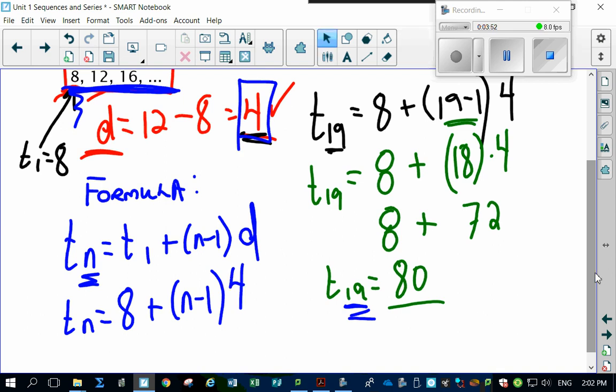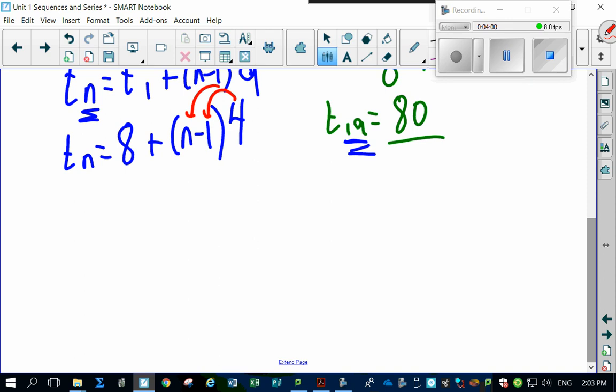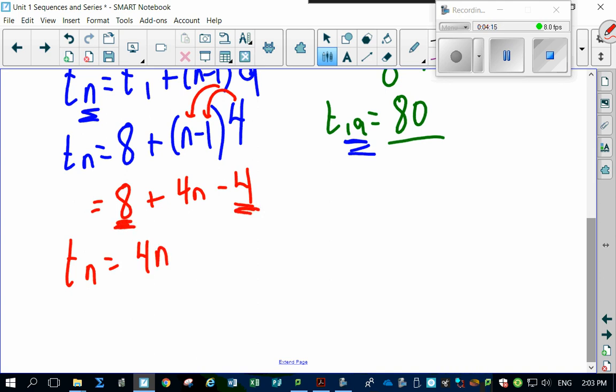Okay, let's do a little bit of distributive property here, and you're going to see that we have, in fact, 8 plus 4n minus 4. Now we can combine terms, right? This will give us Tn equals 4n, add these together, plus 4.